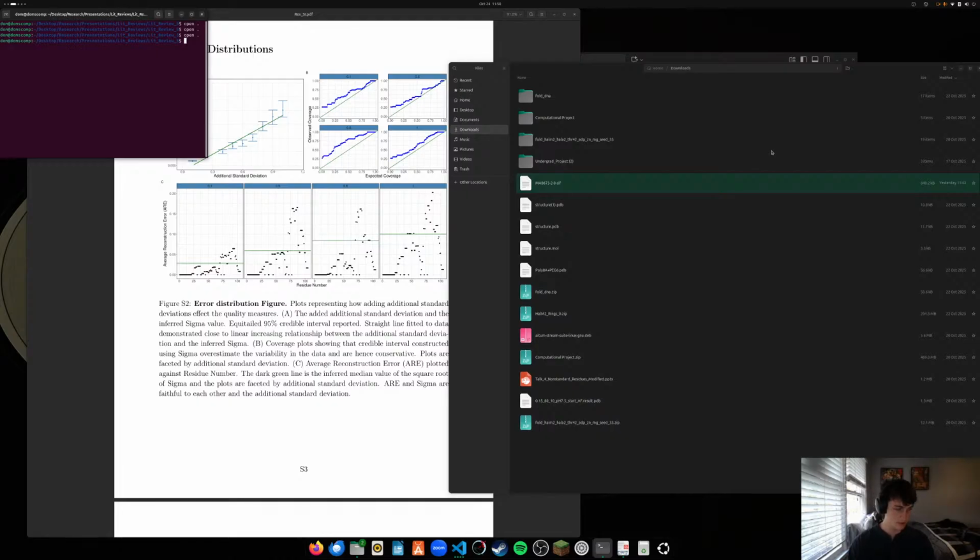To account for noise. Noise increases with larger peptides. They use reversible jump MCMC to jointly infer the number and positions of change points. So these are change points right here.